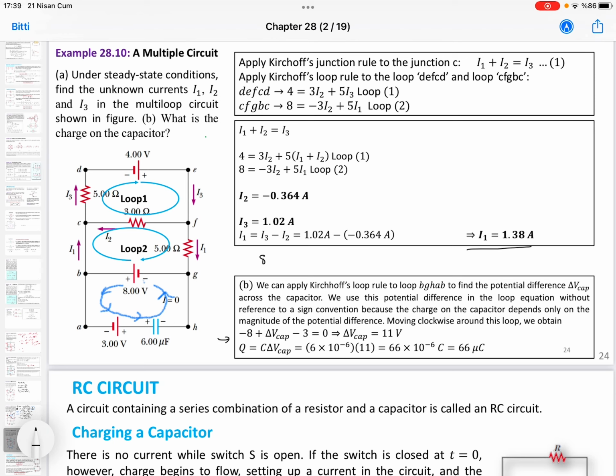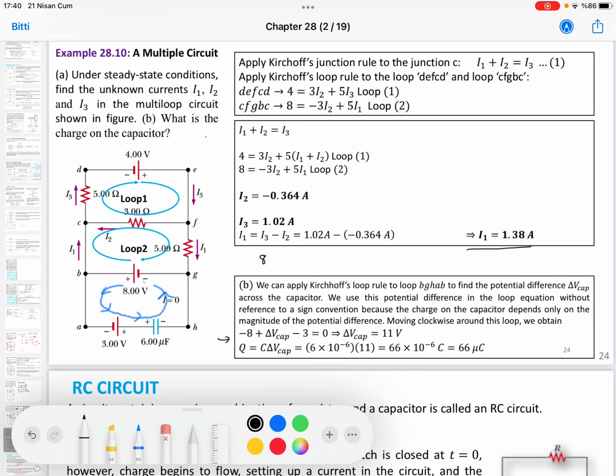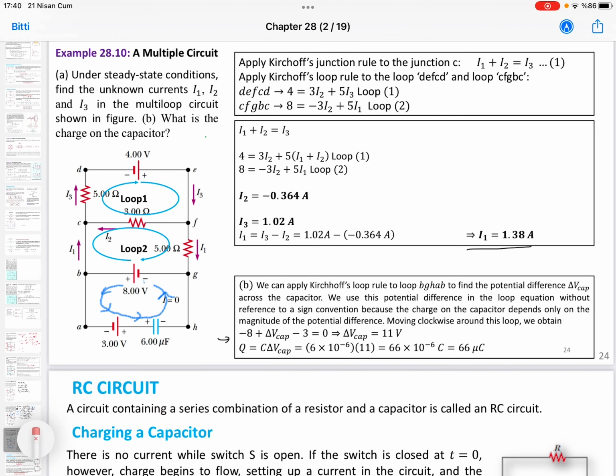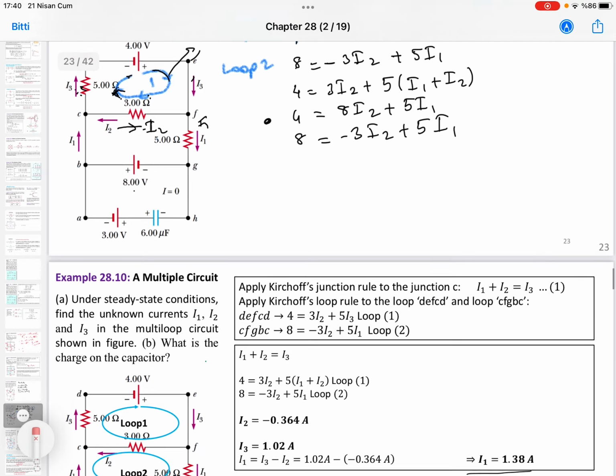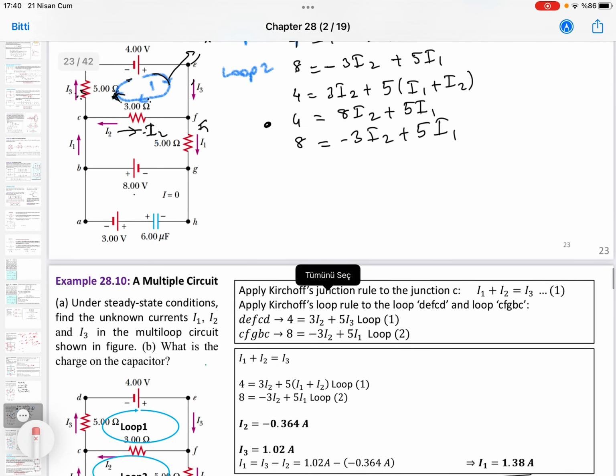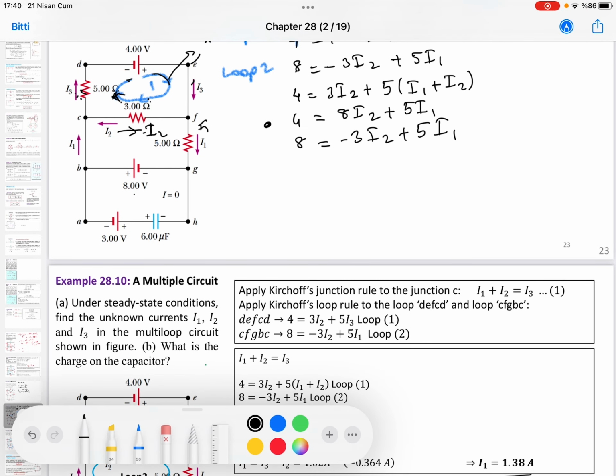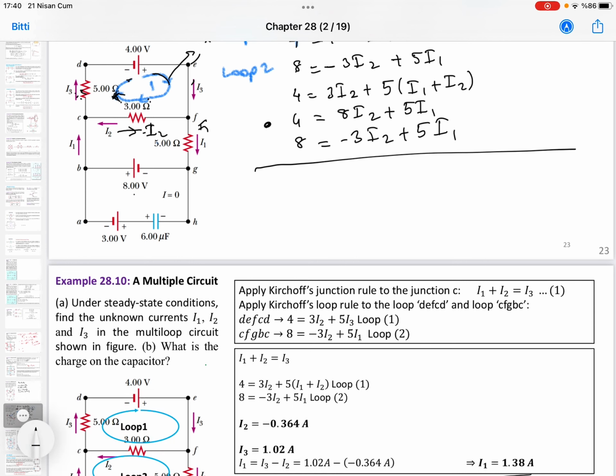So positive 8, you have positive 8. Again, give me a second, I want to clean. First I want to write this, maybe I can use this part. Give me a second. Yes, I have more space here. Okay, sorry.